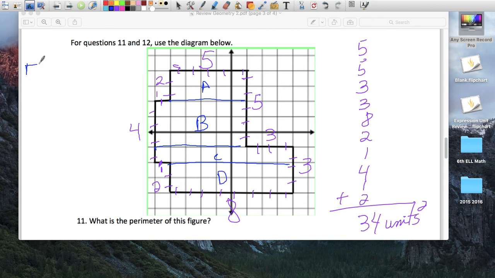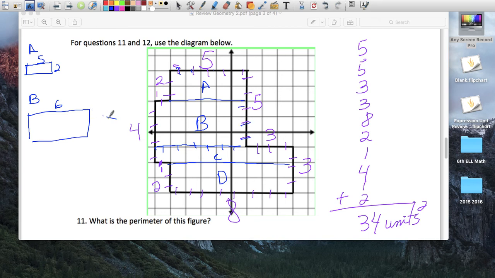Rectangle A looks like that. Rectangle A is 1, 2, 3, 4, 5 across, and how high is this? It's just 2. Rectangle B is a little bit bigger or thicker. Rectangle B is 1, 2, 3, 4, 5, 6 across, going 6 this way, and then going up is 1, 2, 3.